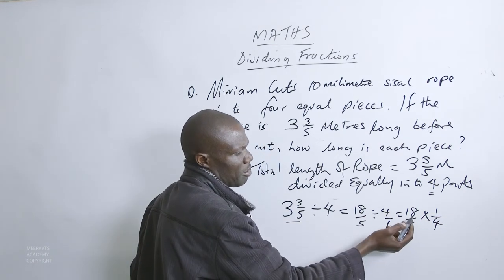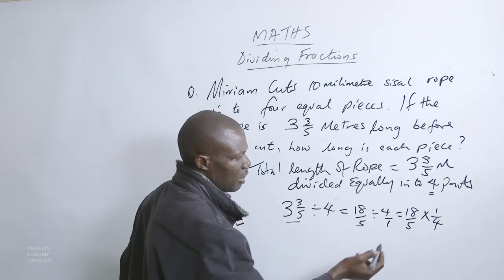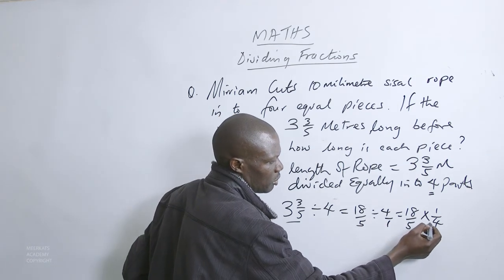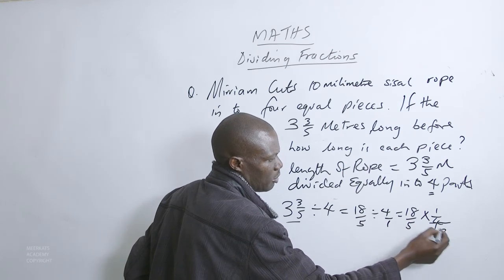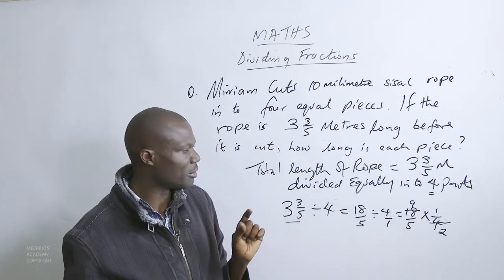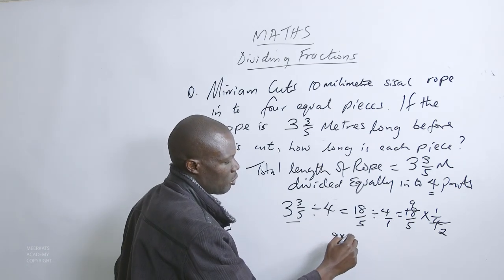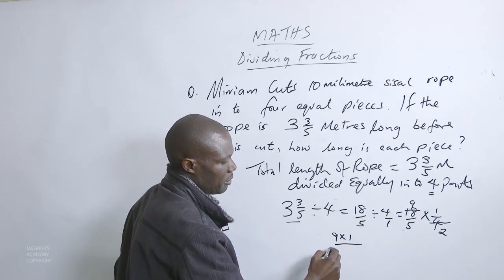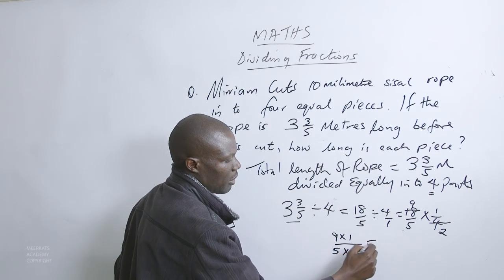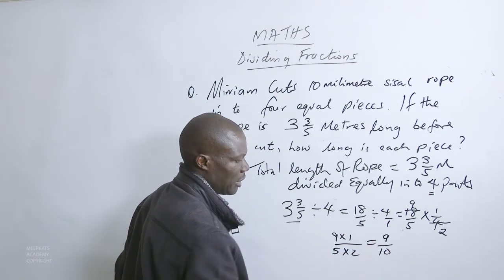The highest common factor here is simply 2. So 2 by 2 is 1, 18 by 2 gives us 9. There is no other common factor. So we have 9 times 1 over 5 times 2. This gives us 9 over 10.